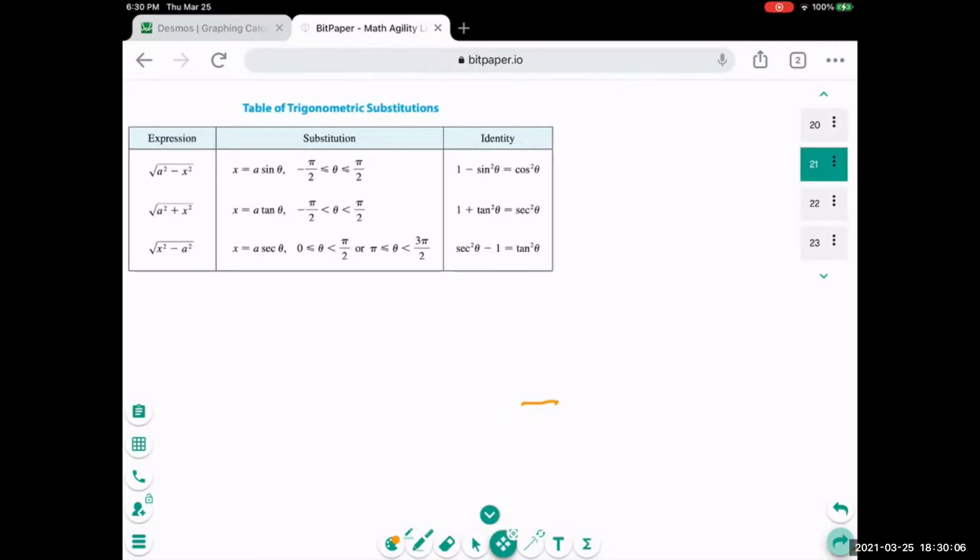So ang importante is when we see our integral, itong table na to would be important for us to use a trigonometric substitution. So pag nakita natin yung expression it's a radical, ibig sabihin meron siyang square root symbol, right? So teka, lakihan na natin to.